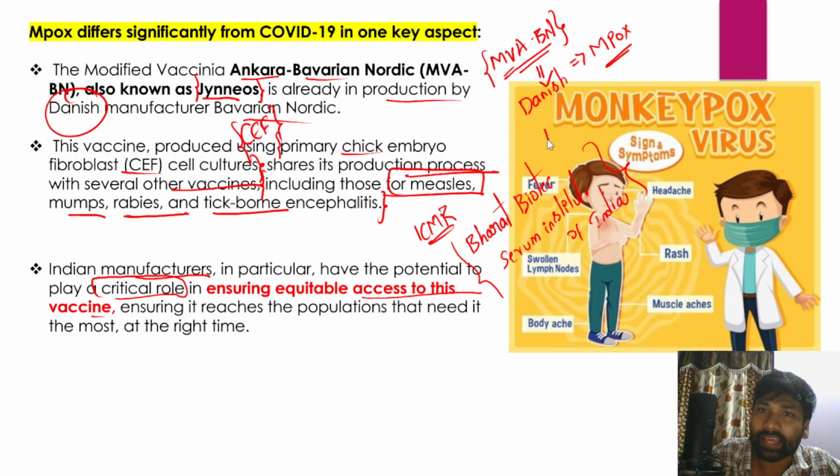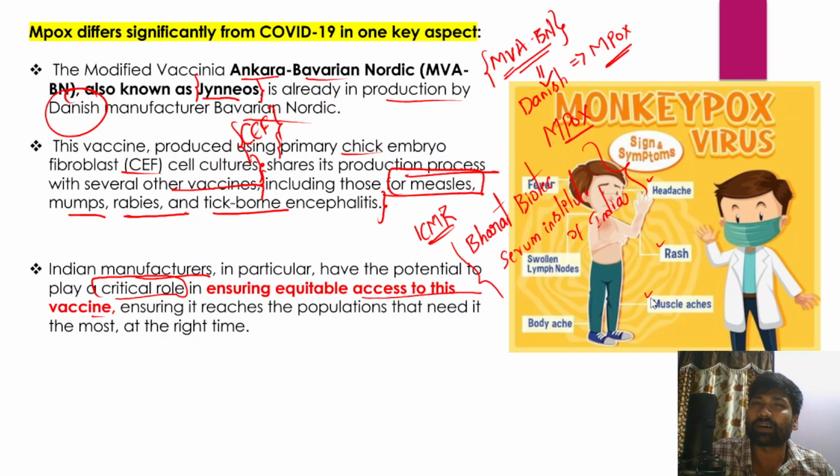Now remember, mpox as of now doesn't have a vaccine; rather, its symptoms can be treated. Specific medicine is administered for headache, rashes, and muscle aches.